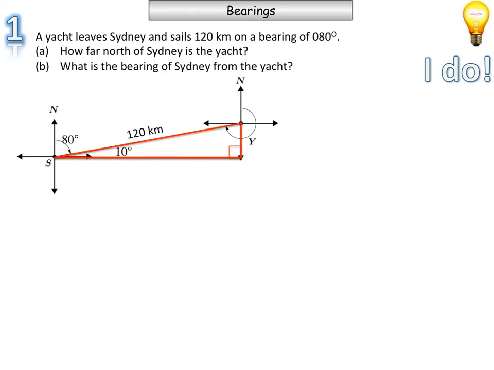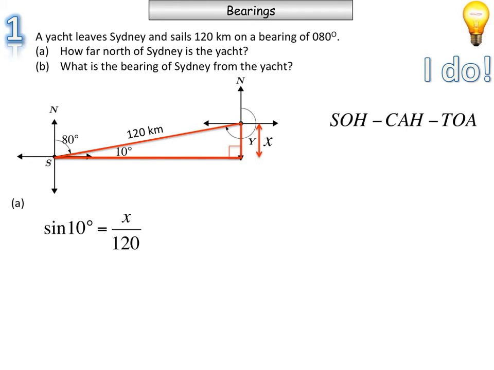If we want to find out how far north the yacht has travelled, we'll use a right angle triangle, and we'll calculate x there. We've indicated in the diagram that this is 10 degrees because we've got a right angle there and 80 degrees is already given. Complementary angles add to 90, so that angle in the triangle is 10 degrees.